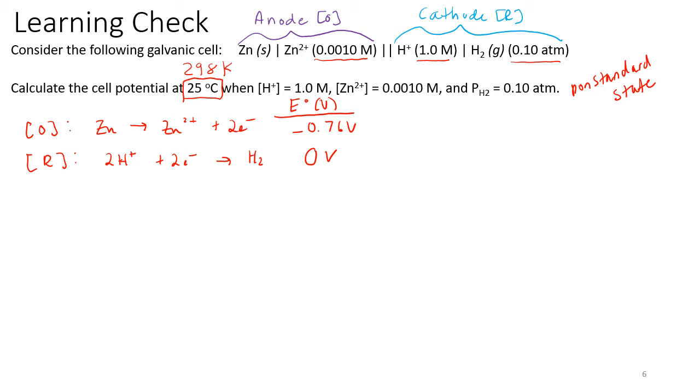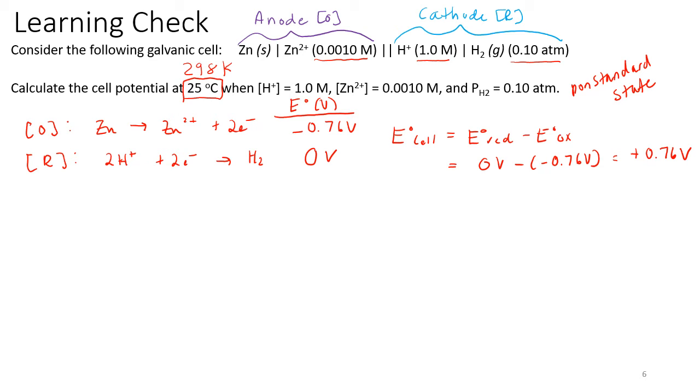So when we calculate the standard cell potential, we take the standard reduction potential of our reduced species minus the reduction potential of our oxidized species. What we're going to end up with is 0 volts for the hydrogen half reaction minus negative 0.76 volts for the zinc half reaction, and that's going to give us a positive 0.76 volts for our standard cell potential.